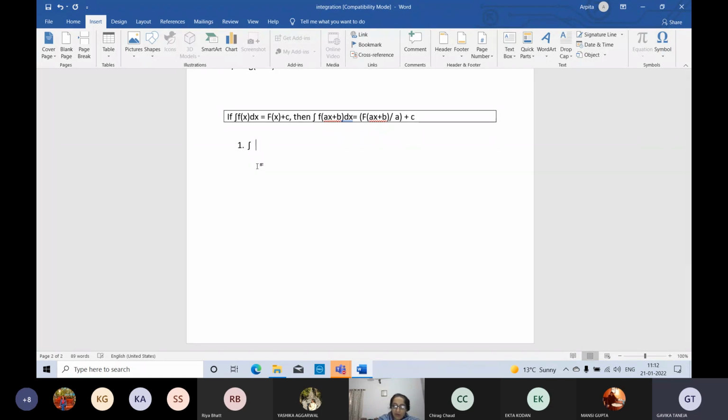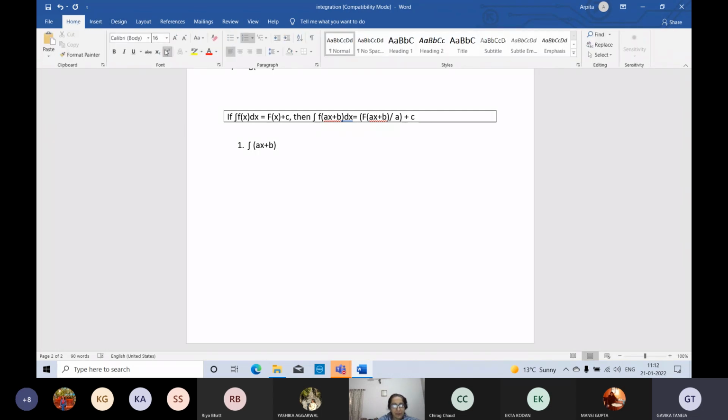The integration of (ax plus b) raised to the power n is going to be the integration of this.